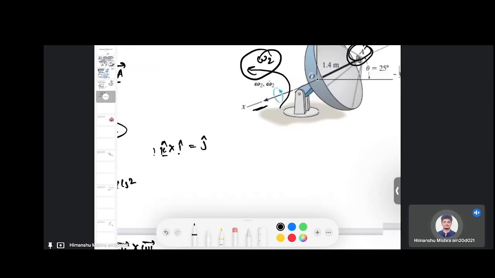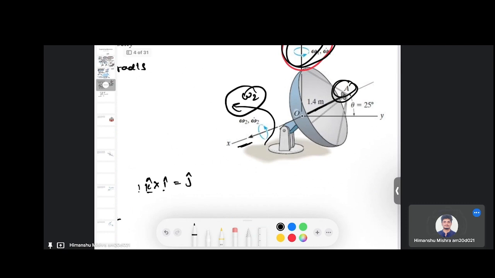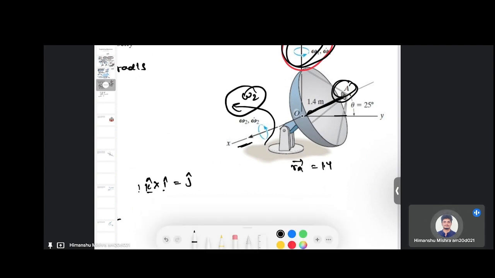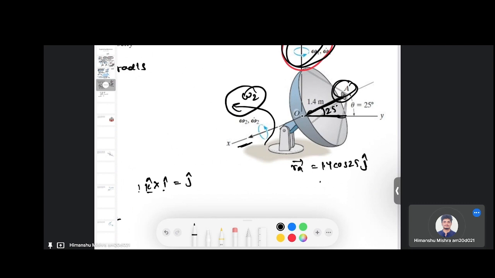So the distance between O and A is 1.4, then my RA will be 1.4 cos 25 along the y-axis, since this is angle 25, and 1.4 sin 25 along the z-axis.